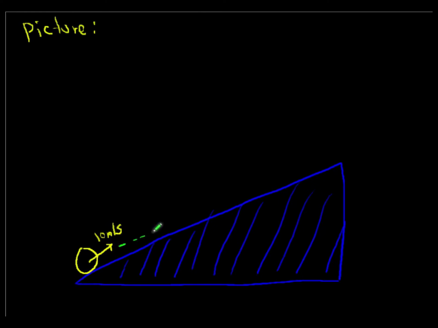As the ball travels up the ramp, because the acceleration is down, it's slowing down. It continues with this until it gets to a point where it stops. It slowed so much that it stopped moving. And then it starts to roll back down again. At this point, it's actually speeding up in the opposite direction.